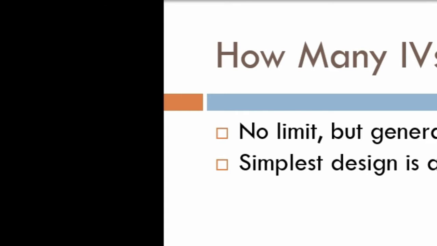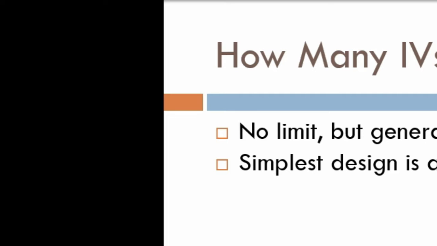The simplest design is a 2 by 2. That would be a direct doubling of the simplest design. So you have 1 independent variable with 2 levels, another independent variable with 2 levels. It's what we call a 2 by 2. The value of each of those numbers refers to how many levels each of the independent variables has.